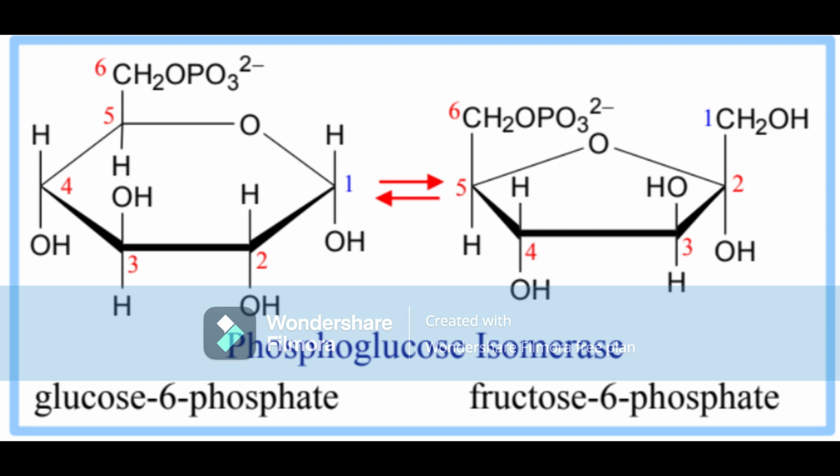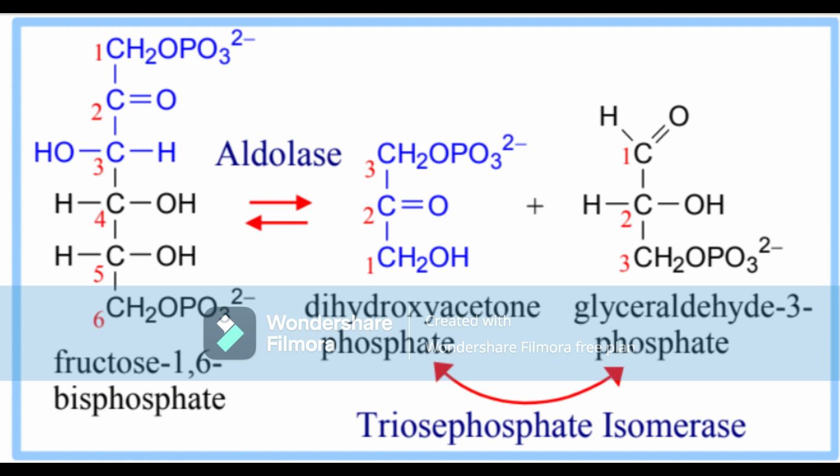The second one is that G6P is converted into fructose 6-phosphate by the enzyme phosphoglucose isomerase. Third, F6P is phosphorylated by the enzyme phosphofructokinase to produce fructose 1,6-bisphosphate. The fourth is that FBP is split into two molecules of glyceraldehyde 3-phosphate by the enzyme aldolase.